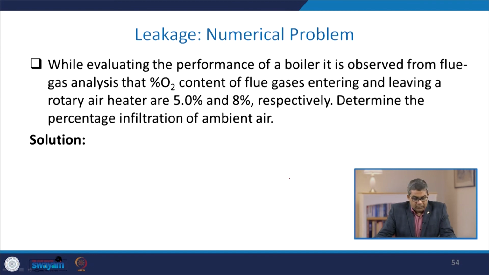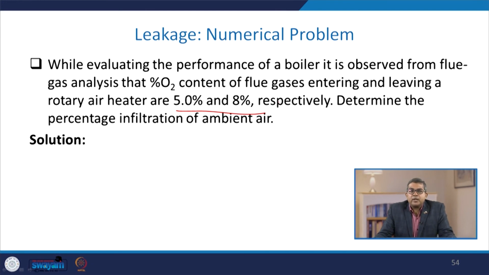Because leakage is an important phenomenon, we thought that we should have one numerical problem. While evaluating the performance of a boiler, it is observed from flue gas analysis that the percentage oxygen content of the flue gas entering and leaving a rotary air heater is 5% and 8% respectively.